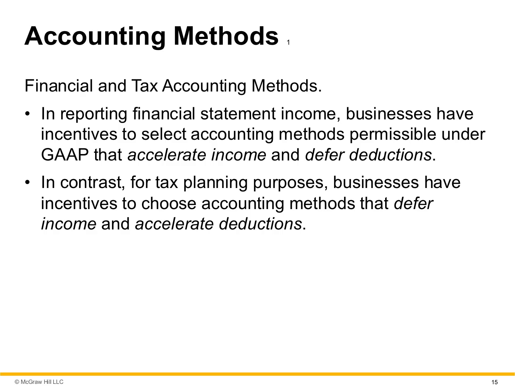So we want to defer income. We want to delay paying taxes on our income for as long as we possibly and legally can. And then also we want to accelerate our deductions. So from the tax accounting perspective, we want to pay for things as early as we possibly can, so that way we can increase our deduction numbers and then essentially lower our taxable income as much as we possibly and legally can.